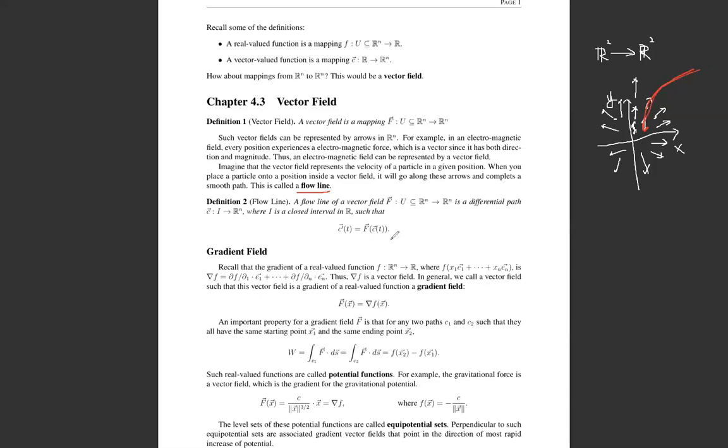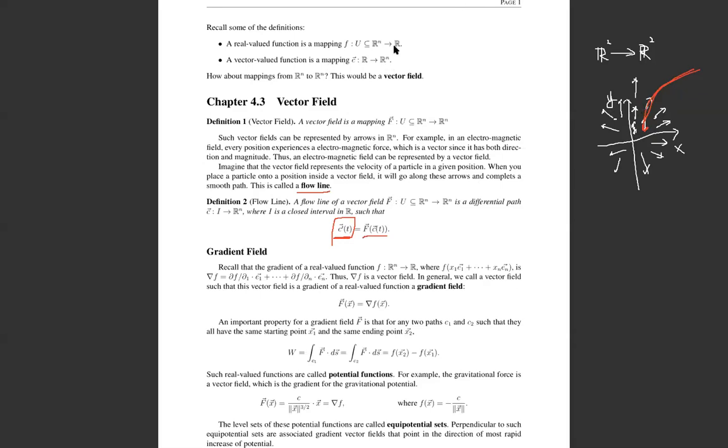Such that the velocity vector of this flow line is described by the vector field F. Basically, the arrows in vector field F push the particle into having such a path. Right?